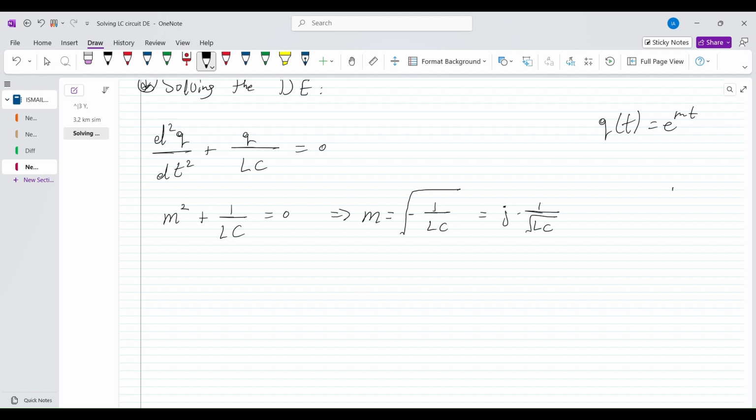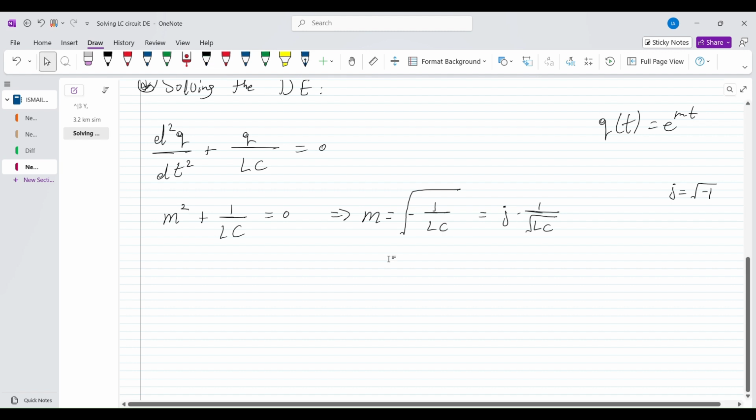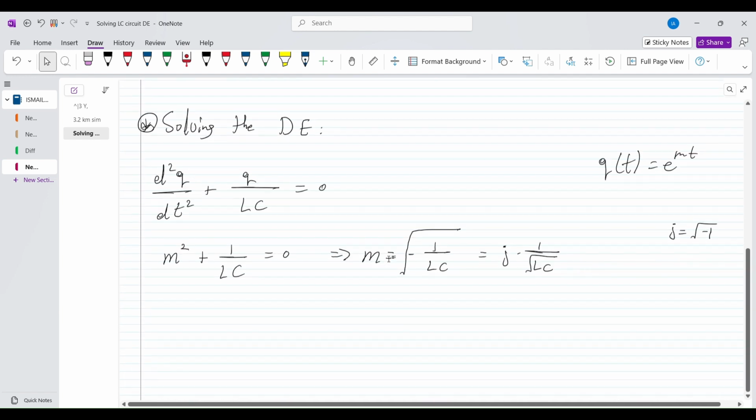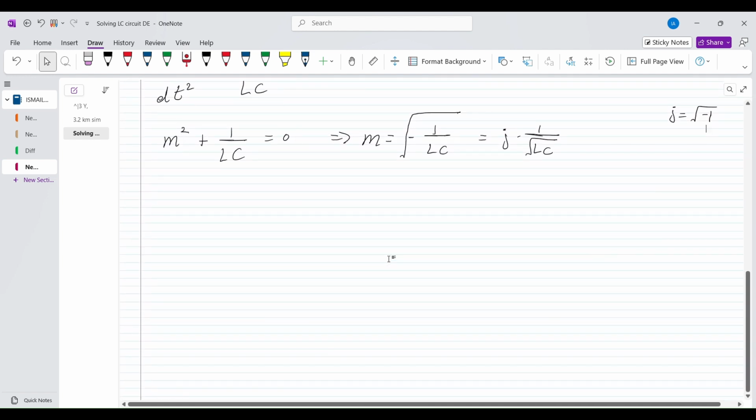Now what is j here? j is the square root of minus 1. Why didn't I use the letter i? Because the letter I is reserved for the current here. So I'm not using it to denote the square root of minus 1. I'll be using j.